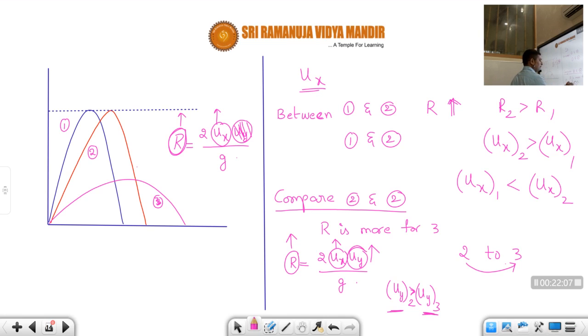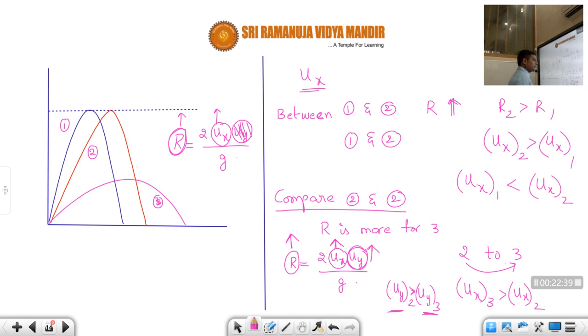If this is more, then what should happen, students? Ux should also increase, so that the final range should increase. So Ux of 3 will be more than Ux of 2.